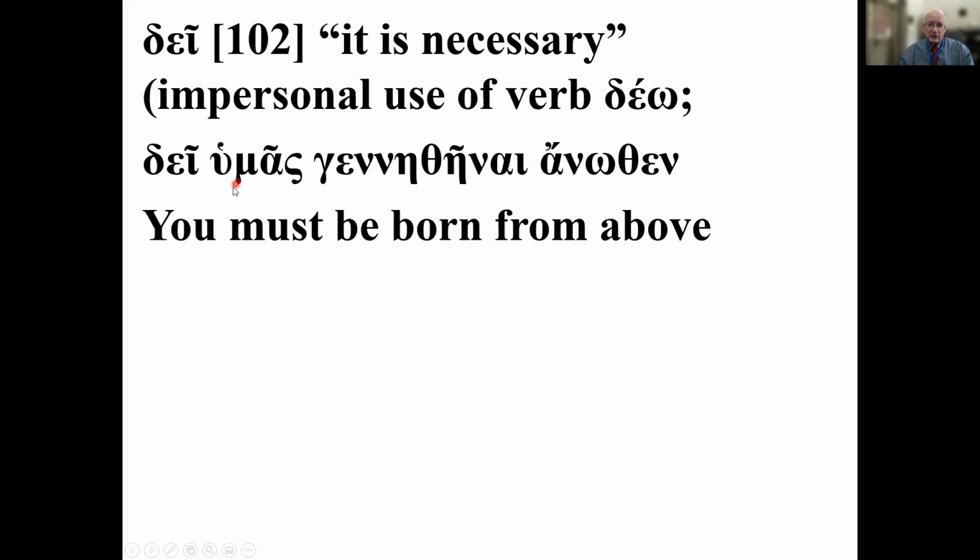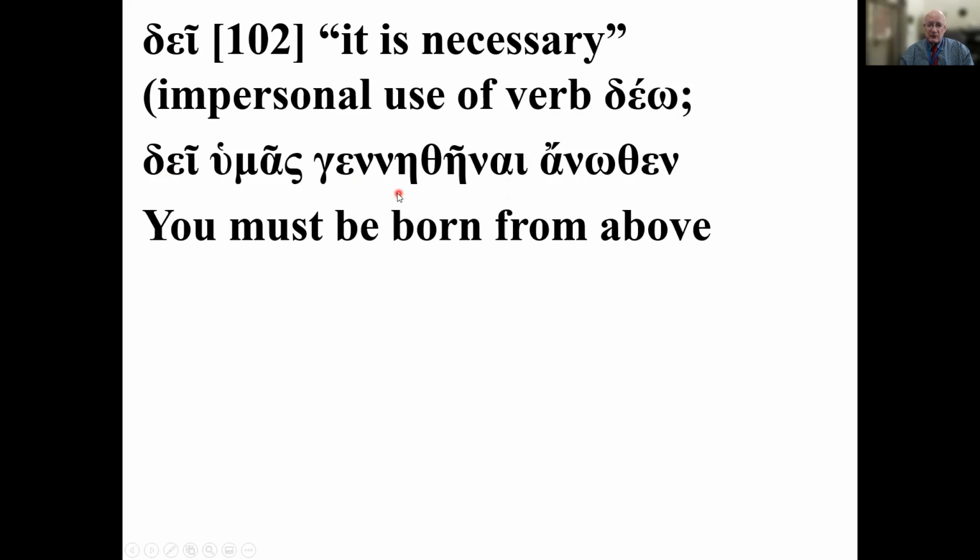Now, there's another use going on of the infinitive here that we'll look at in just a moment. But for right now, we just notice that this verb, it is necessary, needs the infinitive, in this case, the aorist infinitive, actually the aorist passive infinitive, which we won't meet until chapter 24, not to bear.